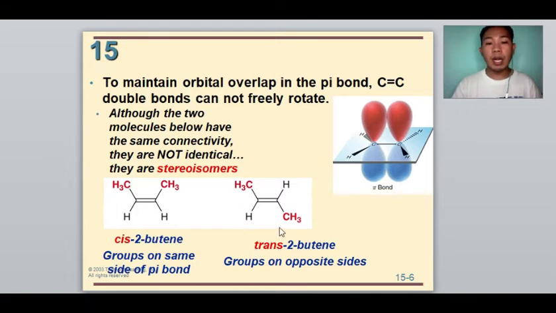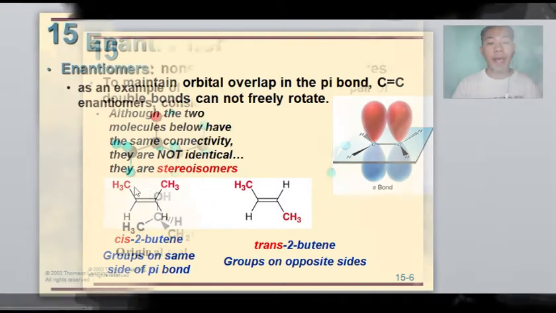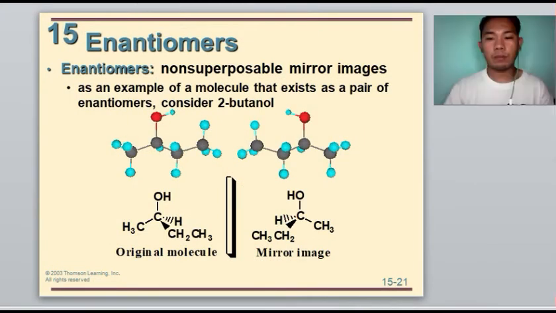That is why they are not identical and they are said to be stereoisomers. Recall that stereoisomers have the same molecular formula and constitution, but different spatial arrangements of their atoms in space.